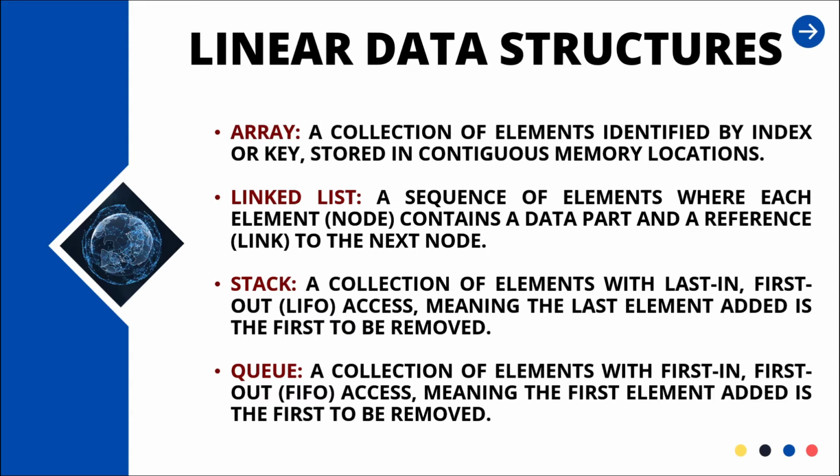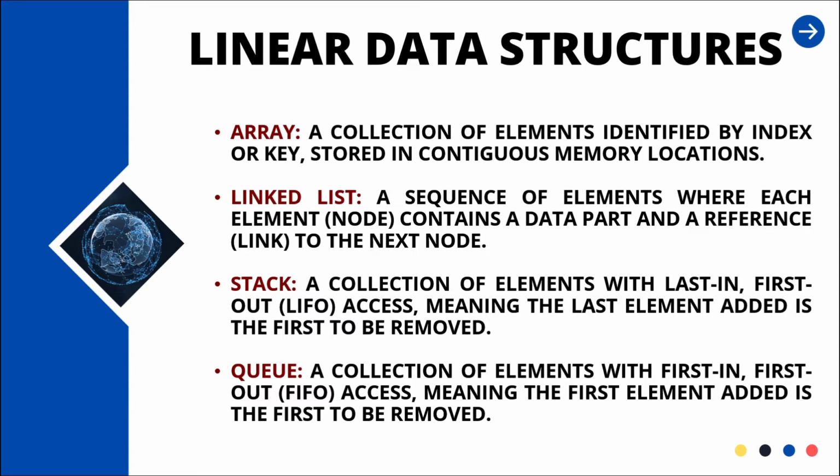When we talk about arrays, an array is a collection of elements identified by index or key, stored in contiguous memory locations. In an array, each data element has a specific and unique identity for the location where it is located. This helps with easy access and easy storing of data.